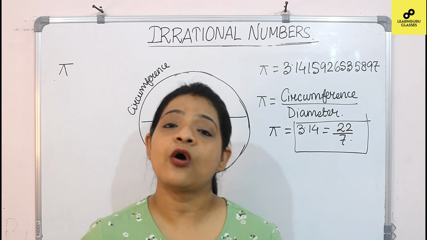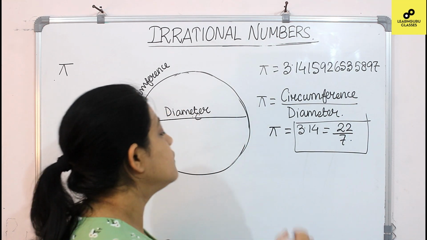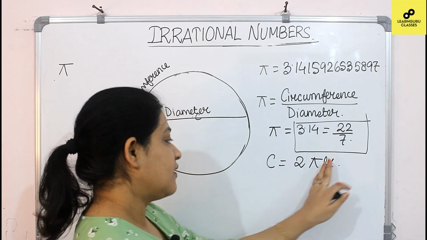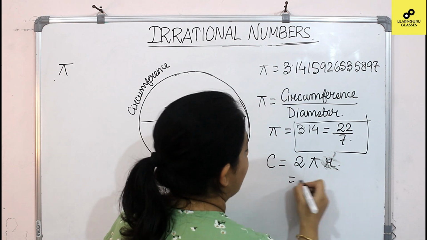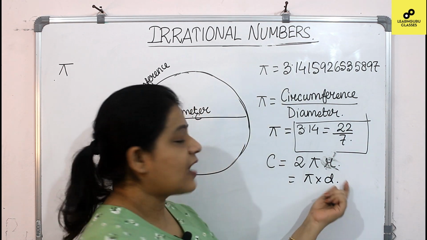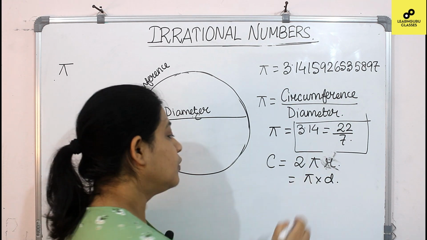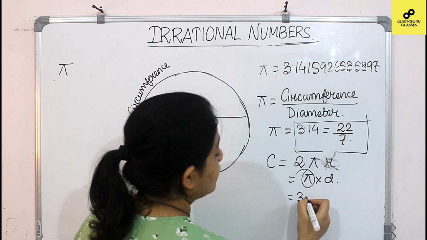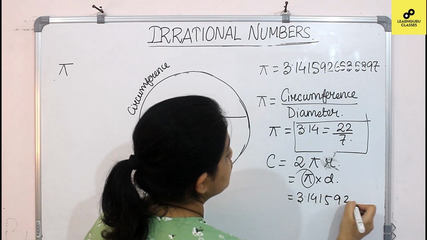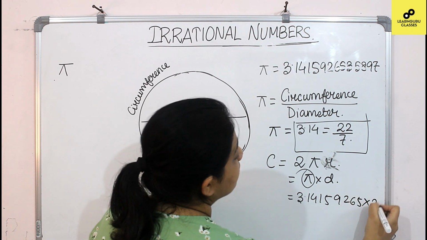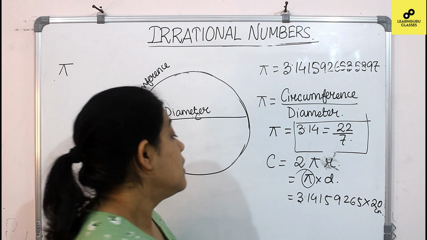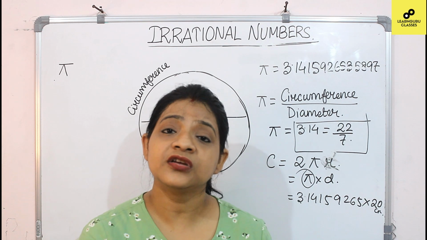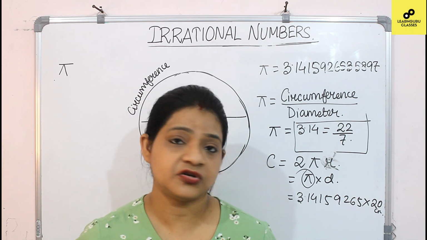Why have you taken an approximate value? Suppose you are asked to find the circumference of a circle. We can write it as 2 pi r or pi into d. The diameter value we know, and the pi value we can calculate. If I use 3.1415926 into, suppose, a diameter of 20 centimeters, just imagine what your calculation will look like. It will become very complicated and consume your time.